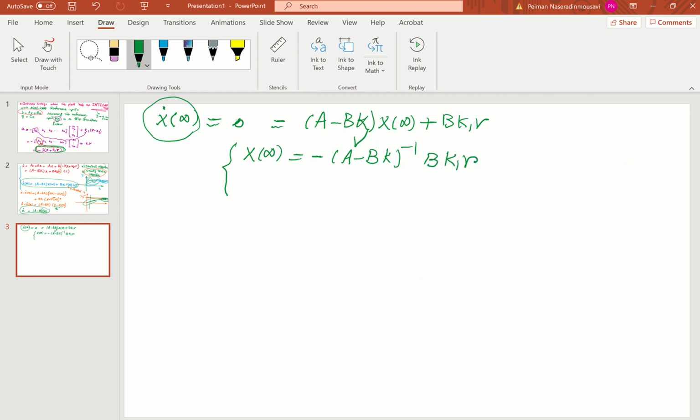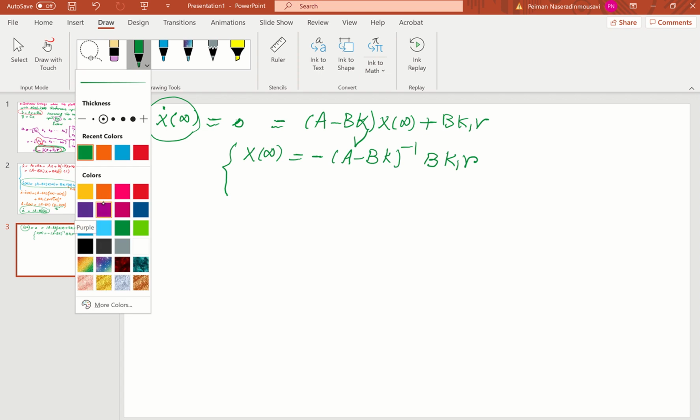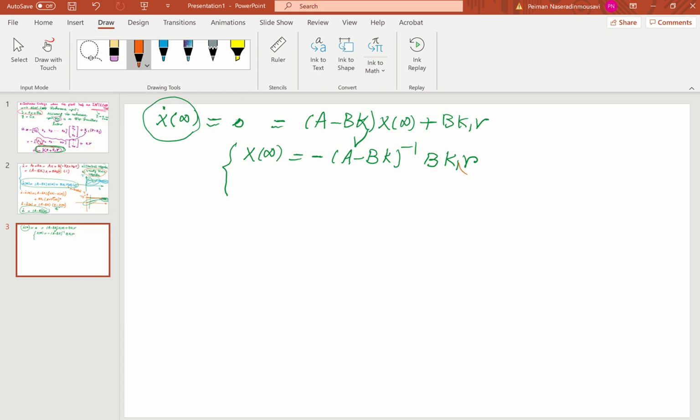On the other hand, just look at here. Your x at time infinity goes to how much? These are the gains. It goes to R. And u at time infinity, based on whatever I defined, is going to be minus k x at time infinity plus k1 r.